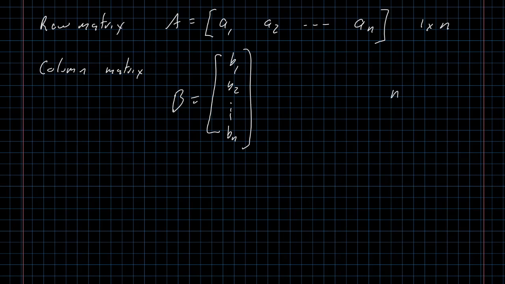This is n rows and one column. These look identical to the row vectors and column vectors that we've been working with throughout the course. And in fact, they are.